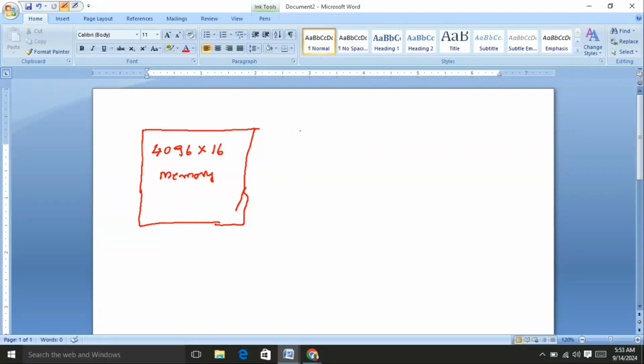So to fetch the data or instructions from the memory, we need the address of the memory location. Hence, I am going to draw here the address register, AR, whose capacity is 12 bits. So the address of the memory location is available in the address register, right? After getting the address of the memory location, either we fetch the data or instructions, we keep it in the data register.